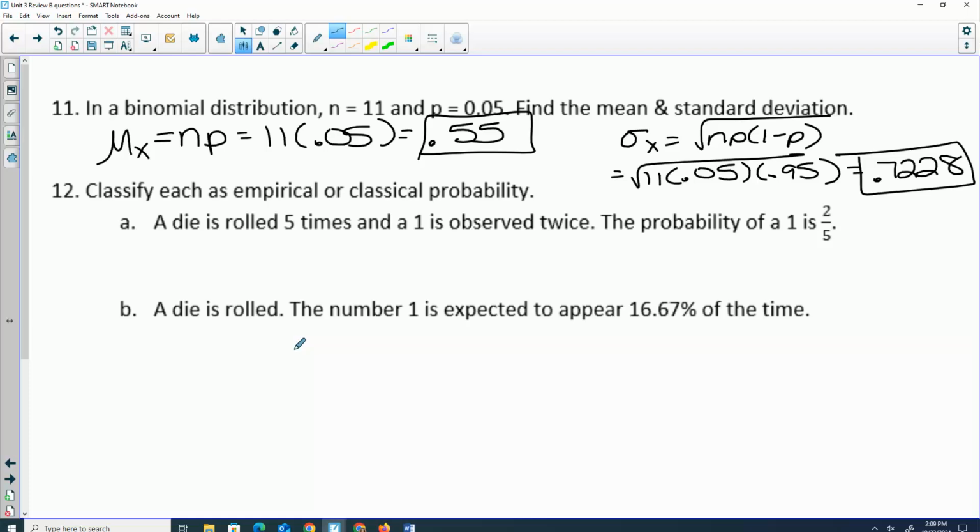I don't remember if this was on your formula sheet. It is. It's the beginning of chapter 5. So if we look back to the beginning of chapter 5, you can see empirical is just how many times it happened divided by the number of trials. Classical is more like what we would expect. How many times could it happen? If I'm looking at this, I observed it twice, so I put a 2 on top. There are 5 different options, so 2 out of 5. So it's what we saw out of the total. So which one is that? Empirical.